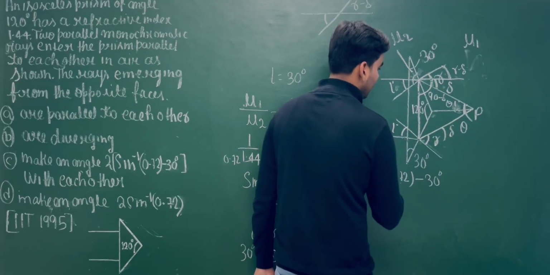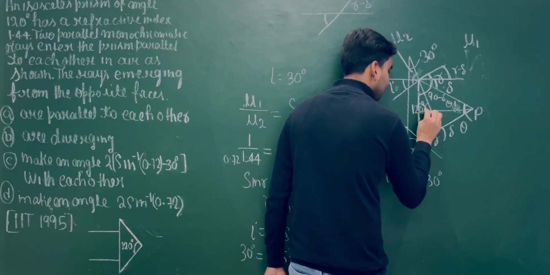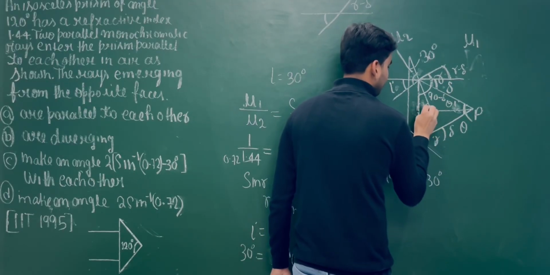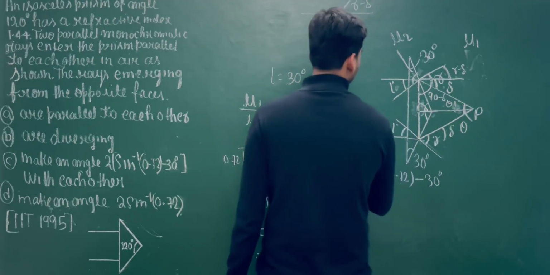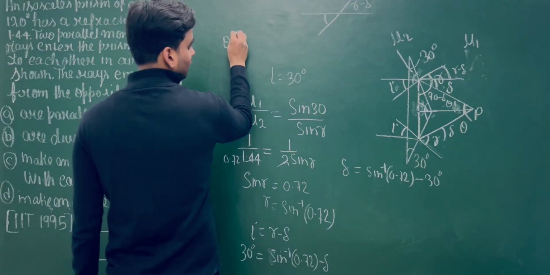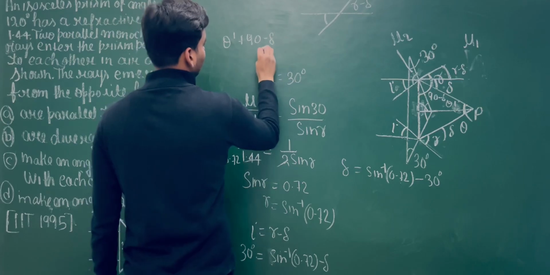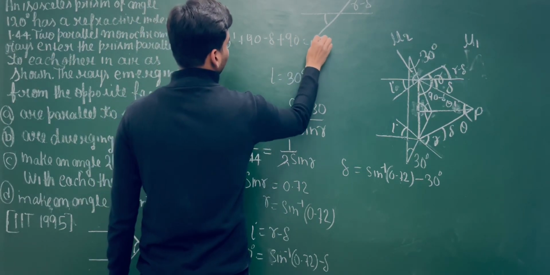This is 90, this is 90. So in this triangle, theta dash plus 90 minus delta plus 90 equals 180.